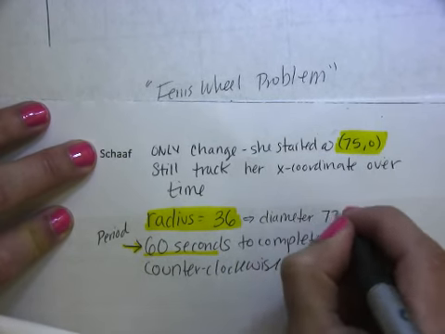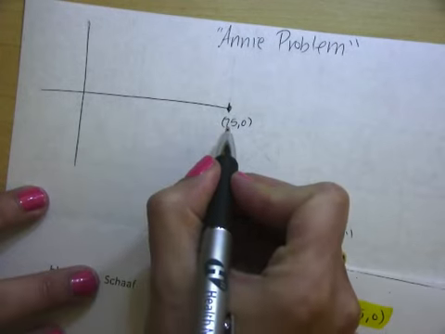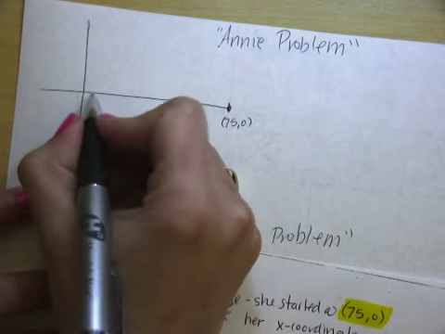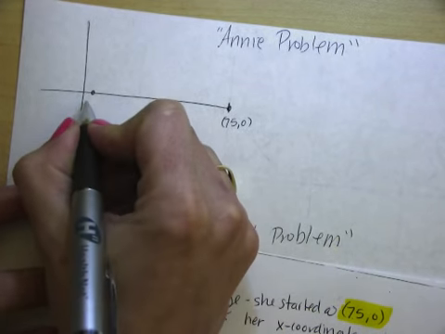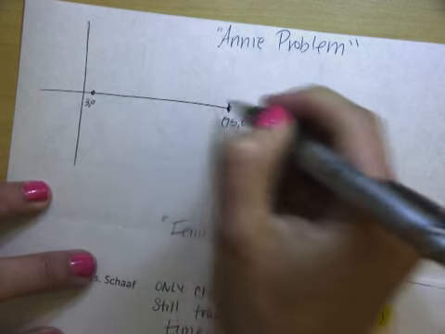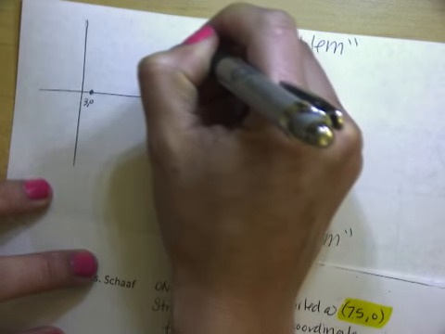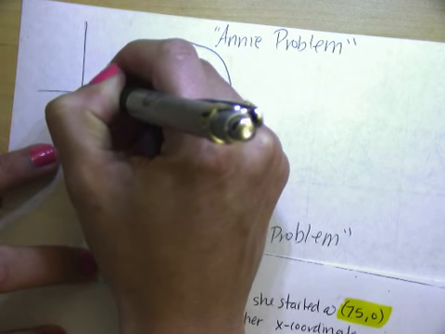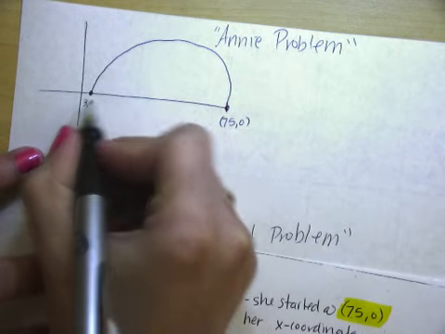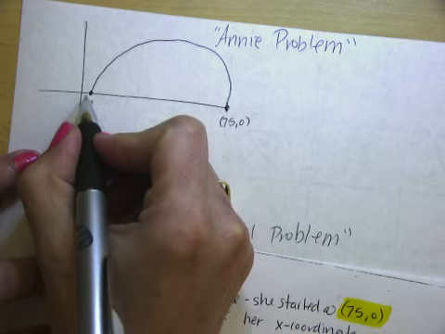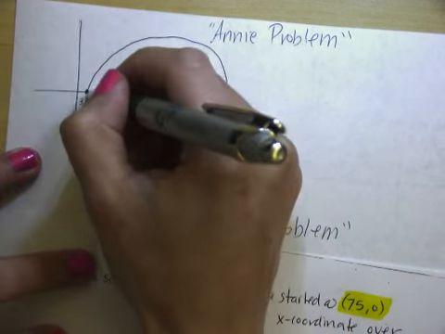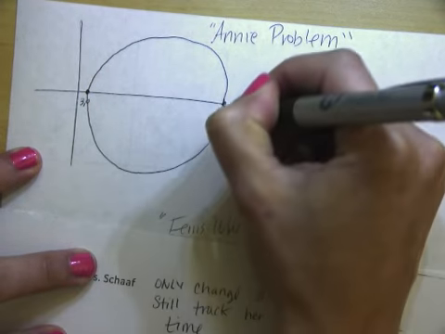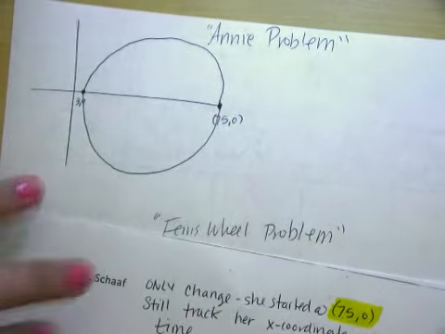So the diameter is 72. 75 take away 72 brings me to 3. So 30 is going to be the point where she is back. Her y-coordinate would be 0, but her x-coordinate would be 3 at that point, halfway around the circle, or at 30 seconds. So let me just draw what looks like a circle a little bit.